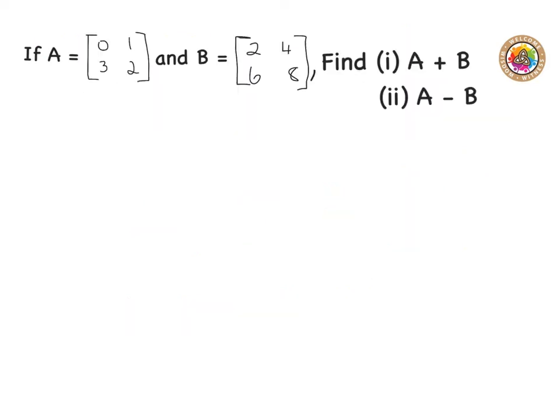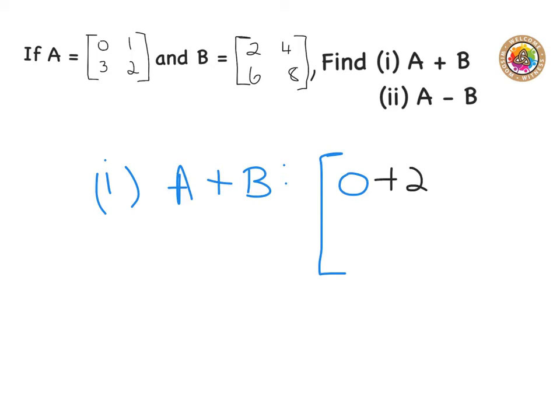Okay, so here in this question we're told A is equal to 0, 1, 3, 2 and B is equal to 2, 4, 6, 8, and we'll find A plus B. So that's going to equal, here I'm going to have 0 plus 2, I would have 3 plus 6, I would also have 1 plus 4 and 2 plus 8.